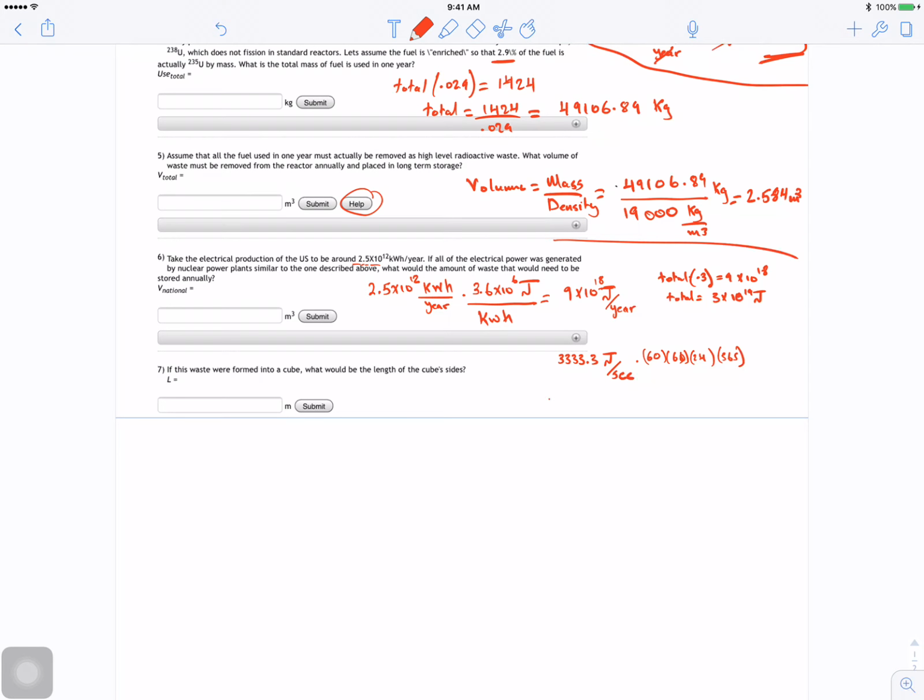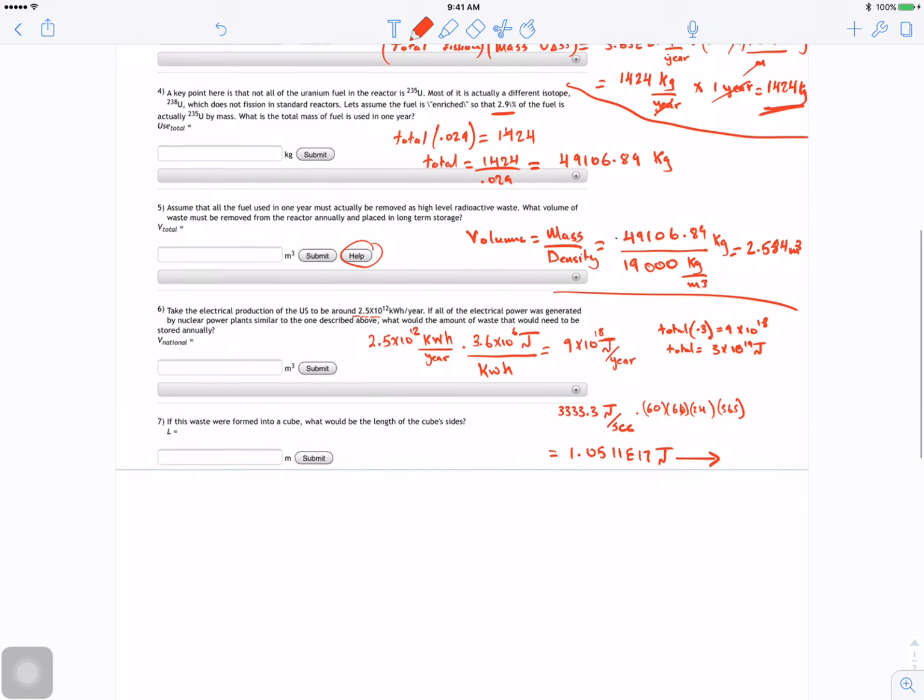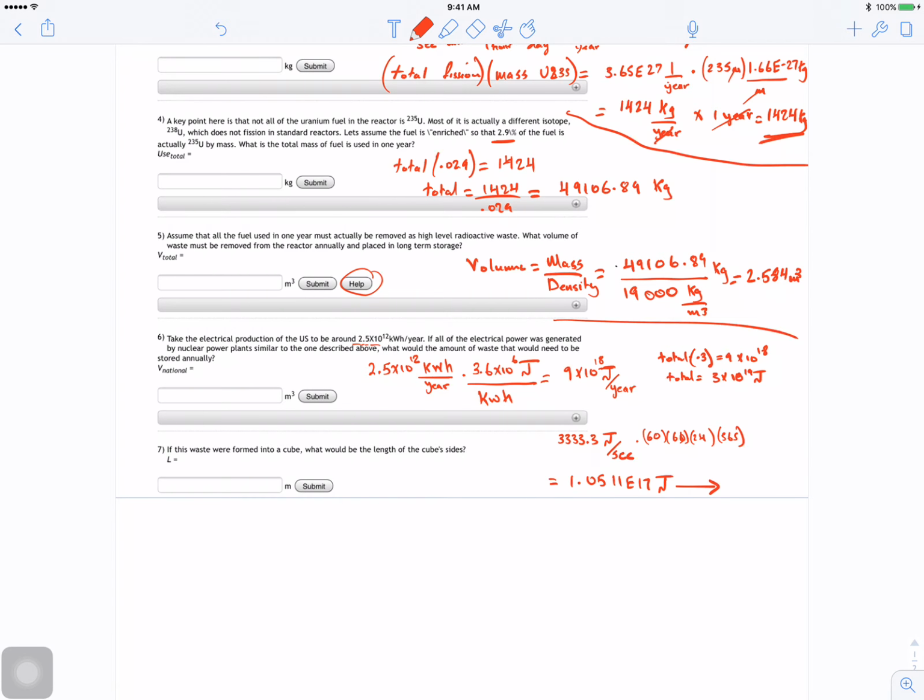That will give us 1.0511 e to the 17 joules. That's how much energy one nuclear power plant gives. And remember, we got the volume of its waste in the answer of number 5, which is 2.584 meter cubed.